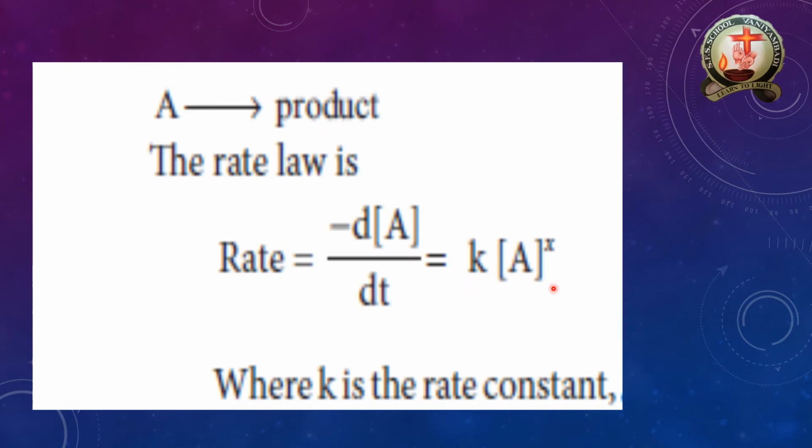Here k is the rate constant, A is the concentration of the reactant, and x is the order of the reaction. This is for a simple example.